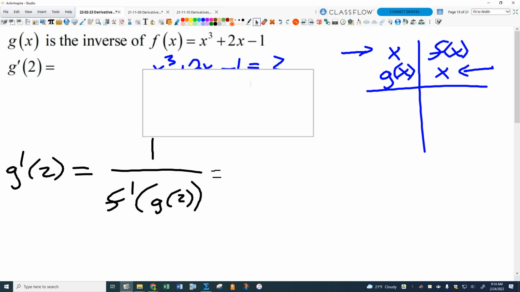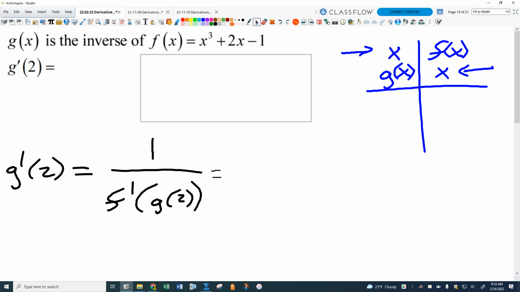Where does the 2 go? In which column, left or right? The right, yeah, because 2 is the input to the inverse row, and this is our inverse row. So we got a 2 there, and we just need to figure out what goes there, right?